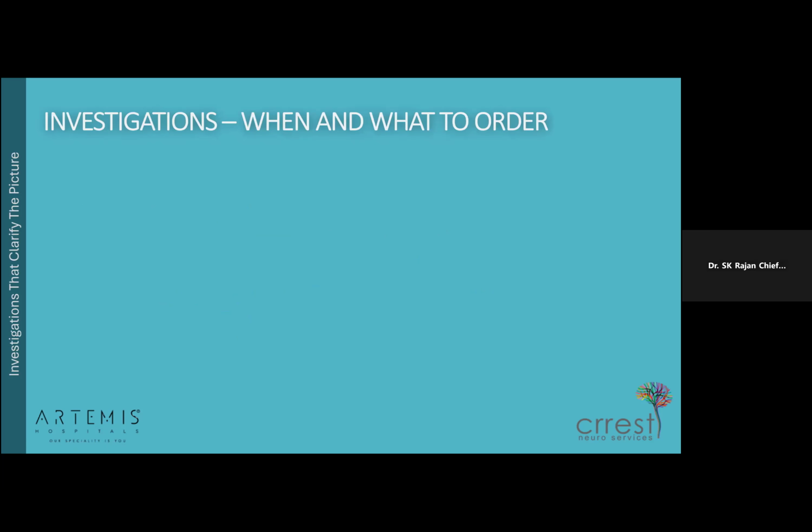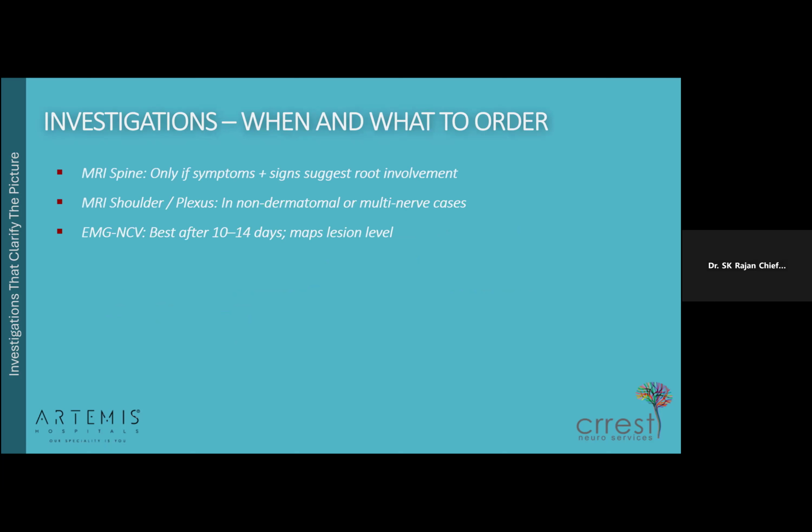In general, once you have that suspicion, that is when you direct your investigations accordingly. For example, MRI spine should only be done if the symptoms suggest root involvement. I know it's easier said than done, but sometimes the MRI spine can further mislead us into thinking that it's a radicular pain, when in the beginning it was not.